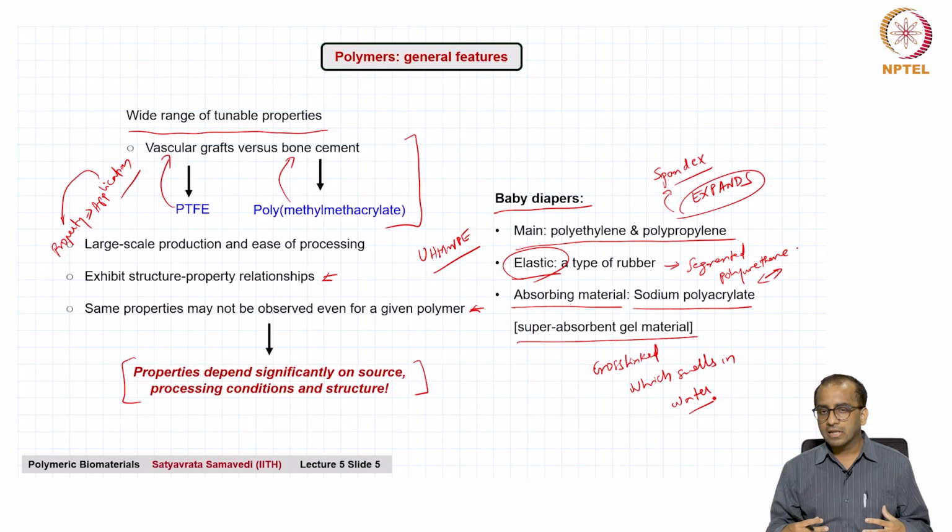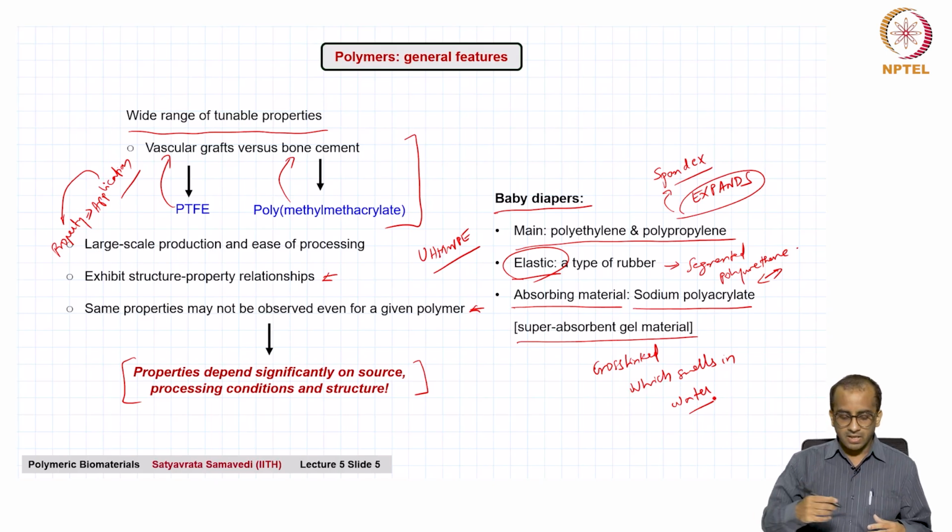And what are the enthalpic and entropic contributions that involve first the contact of water and then the swelling. So, these are questions we will look at in great detail, but it is important for you to understand that these kinds of materials, super absorbent materials, are largely cross-linked networks which can swell but not dissolve.